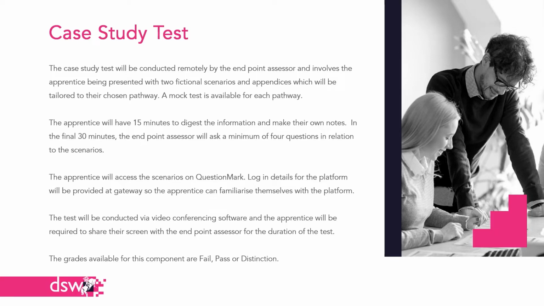During the question and answer portion of the test, the apprentice will be able to have access to the 2 scenarios, the appendices, and their notes. At the end of the test, the assessor will ask the apprentice to log out of Questionmark. The results for this component will be released within 5 working days of the assessment taking place.